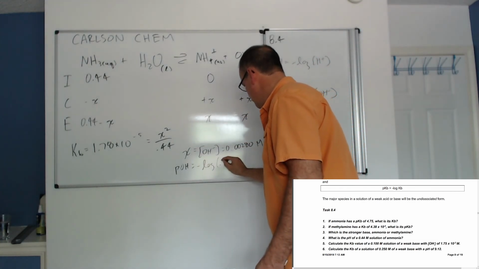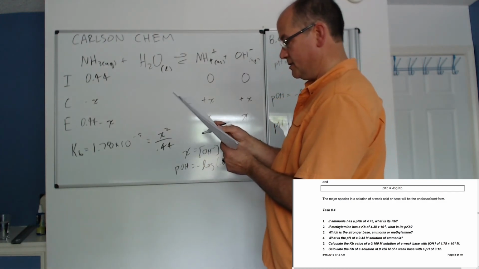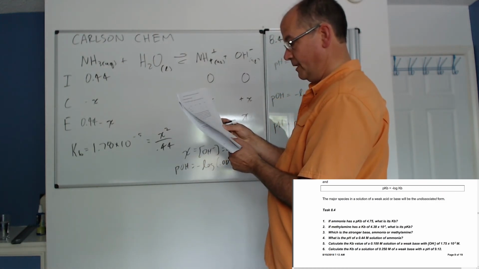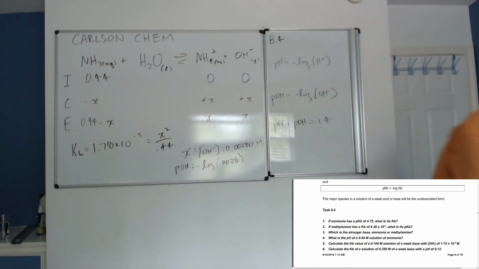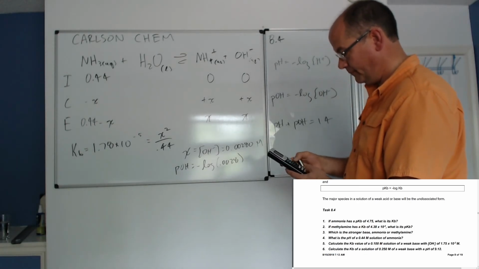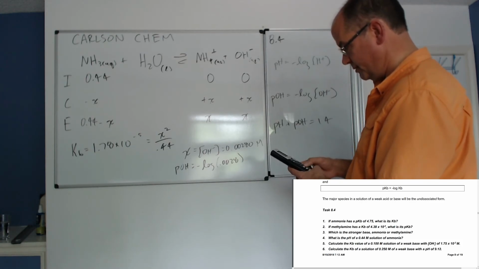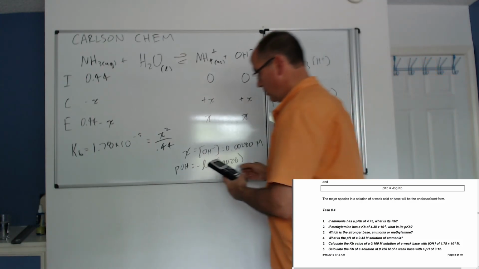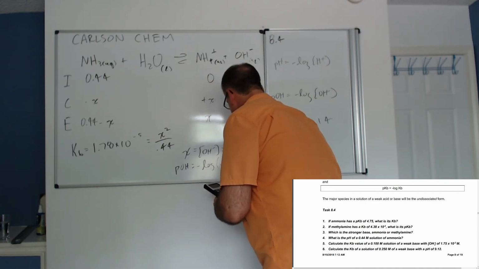Negative log of 0.0028, and I already did the math, but let's go ahead and figure it out here. Negative log of 0.0028, so this pOH is 2.55.